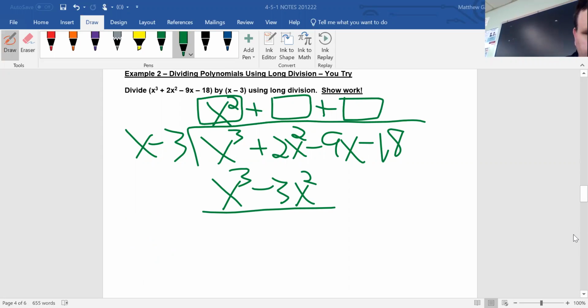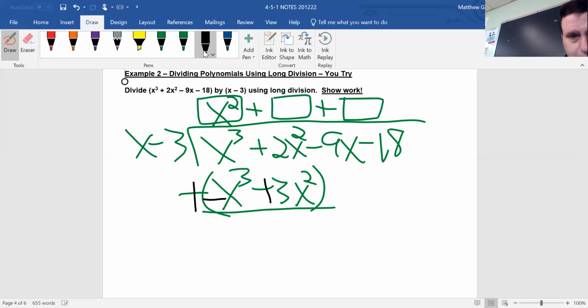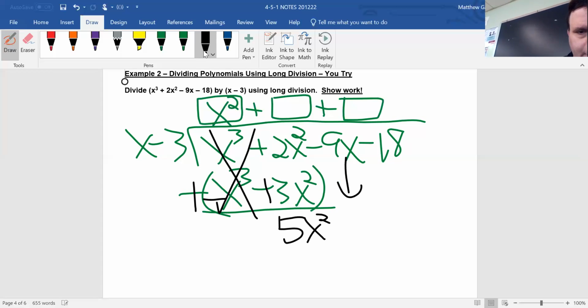Subtract vertically. So add the opposites. And then these will cancel. 2 plus 3 is 5x squared. The divisor has 2 terms, so we're going to bring down negative 9x, so we have 2 terms here. And then compare 5x squared and x.